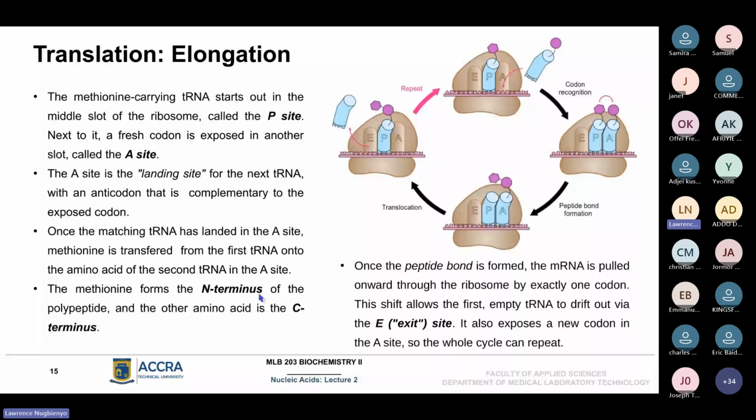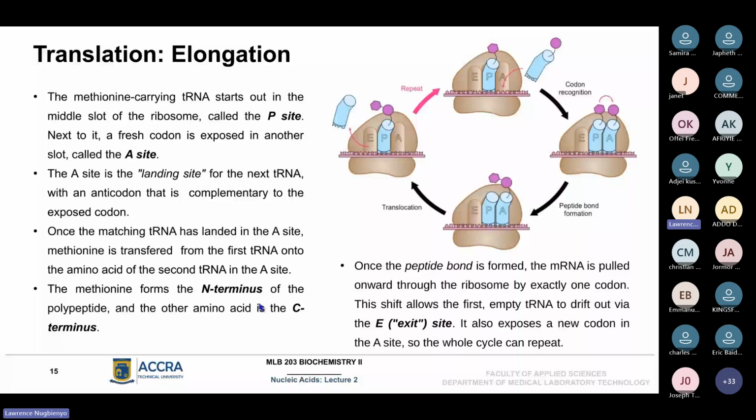So you have to go back and revise the structure of amino acids. Take a jotter, draw the structure of methionine, or draw the structure of any amino acid and look at the amine group, the carboxylic acid group, the alpha carbon, the side chain.